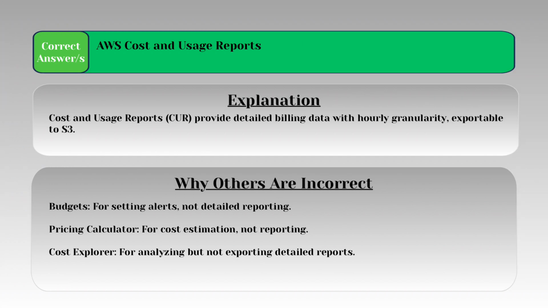Cost and Usage Reports, CUR, provide detailed billing data with hourly granularity, exportable to S3. Why others are incorrect? Budgets, for setting alerts, not detailed reporting. Pricing Calculator, for cost estimation, not reporting. Cost Explorer, for analyzing but not exporting detailed reports.